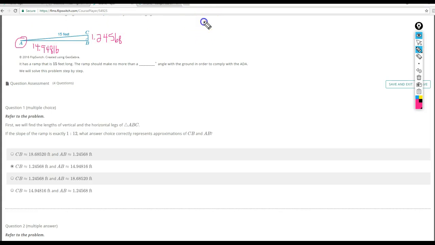We could say sine inverse of our opposite side, which is CB, over the hypotenuse, which is AC, is going to equal our angle, and angles are represented by theta.